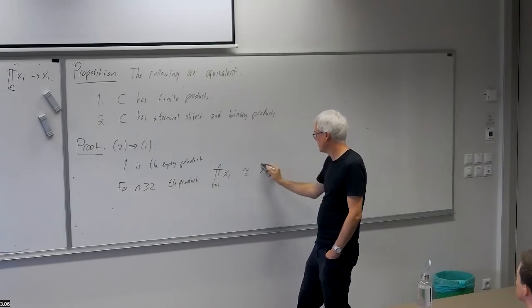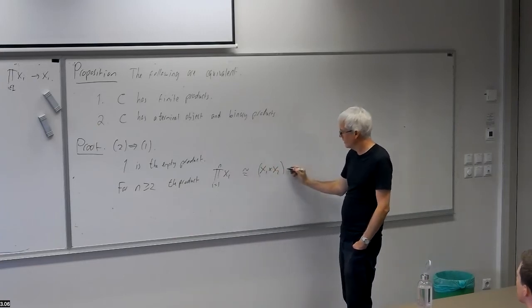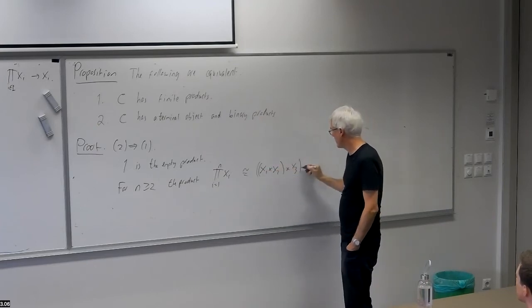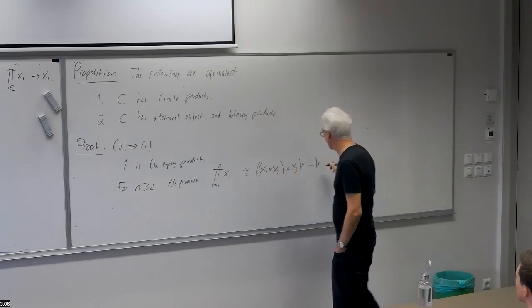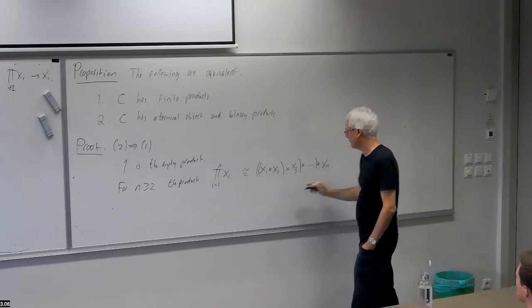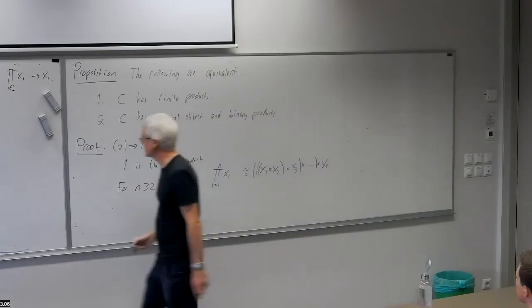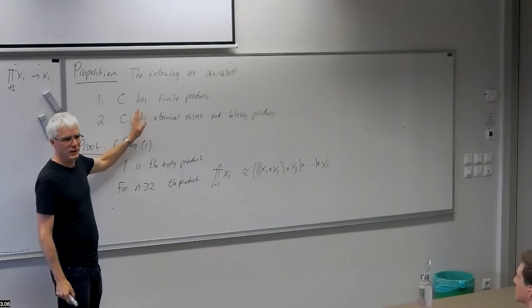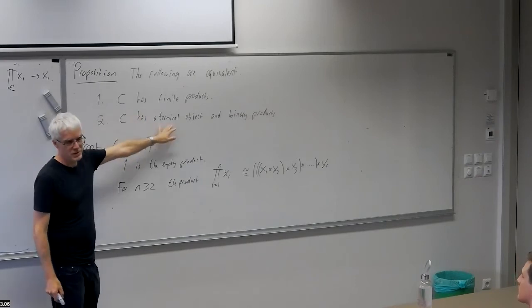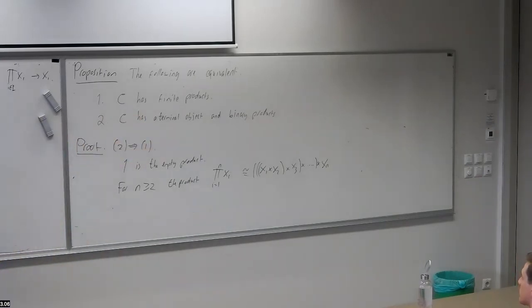So we take x1 times x2, binary product, bracket that, binary product that with x3, and so on, and just keep on repeating binary products until we get to times xn. Okay, so very simple idea. But the point is, if we want to verify we've got finite products, we can just use that condition. We've got terminal objects and binary products.